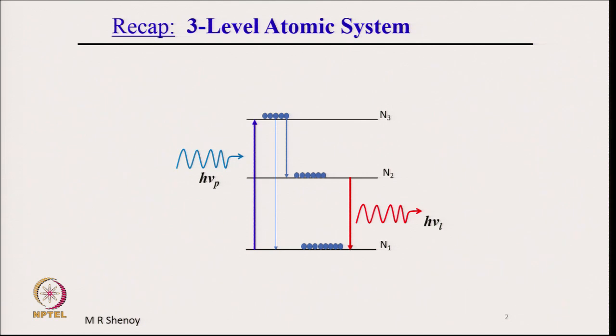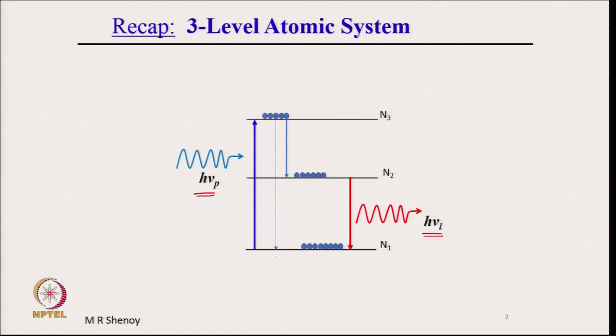N1, N2, N3 are the populations in these levels, and the possible transitions we have shown are that from the ground state we can have absorption to the 3rd level, and then the atoms can come down directly to level 1, or they could also come down to level 2 and then come down to the ground level. Any other transition we have neglected. Now, h nu p is the energy of the pump photons and h nu l is the energy of photons corresponding to the transition from level 2 to level 1.